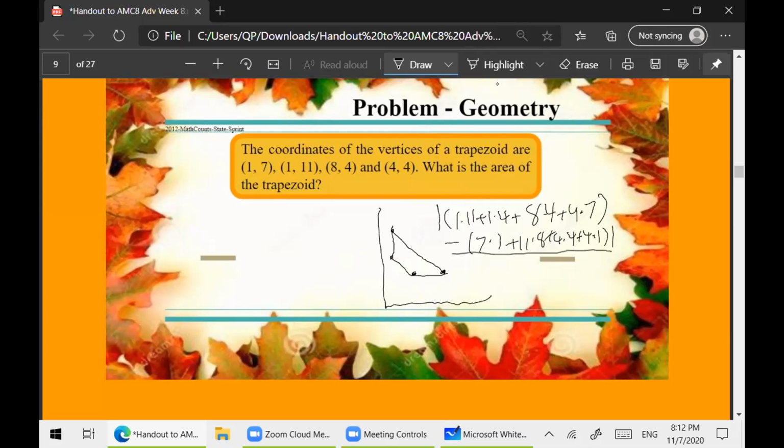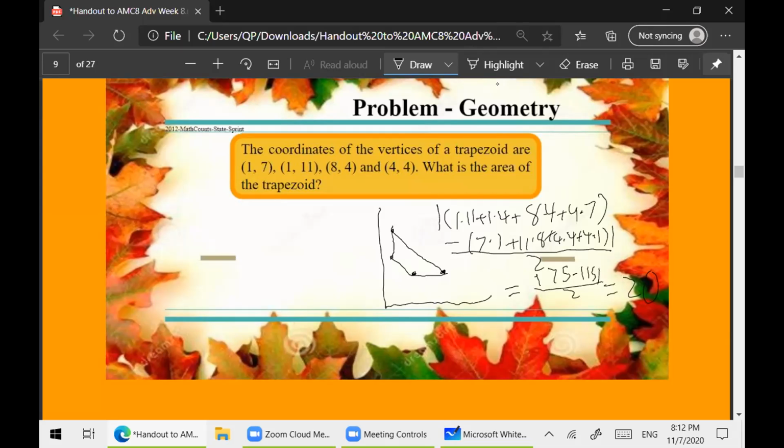Divided by 2. And when you calculate this, it's 75 minus 115 over 2 absolute value, which is 20. So the area of the trapezoid is 20.